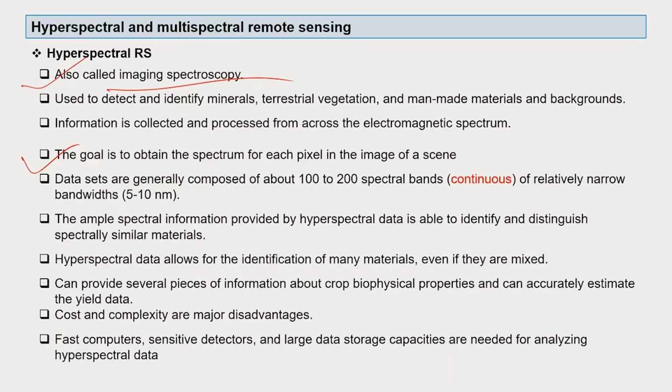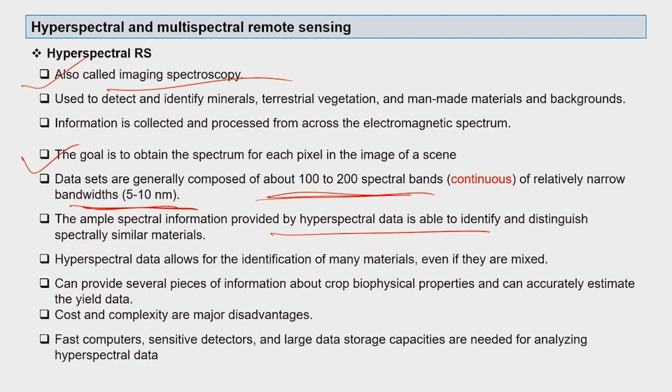The data sets you get in this kind of remote sensing are generally composed of 100 to 200 continuous spectral bands, having relatively narrow bandwidth, 5 to 10 nanometers. The spectral information provided by hyperspectral data can identify and distinguish spectrally similar materials.